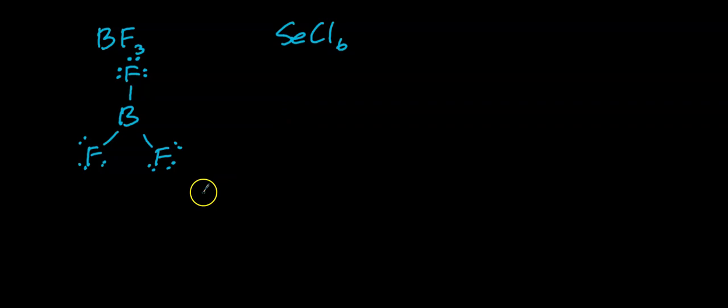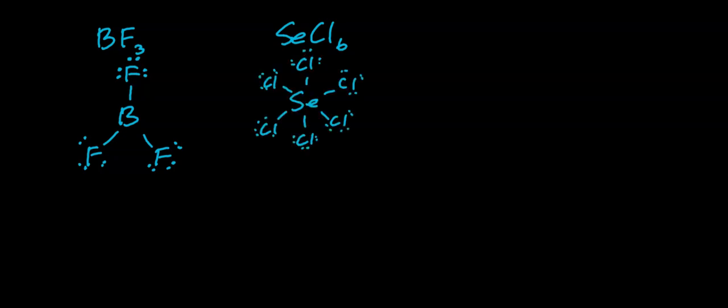Go ahead and draw a Lewis structure for this molecule. Pause the video now. So this molecule has 48 valence electrons, 48 minus 12 for these 6 covalent bonds, 36 leftovers. Distribute the leftover electrons to each of the bonded atoms. And that is all of our electrons.